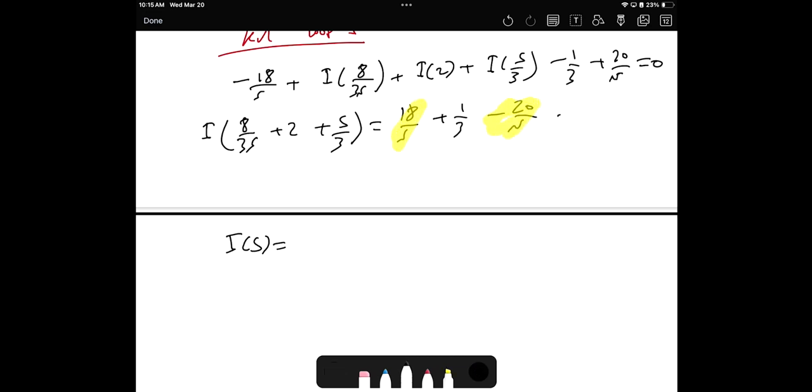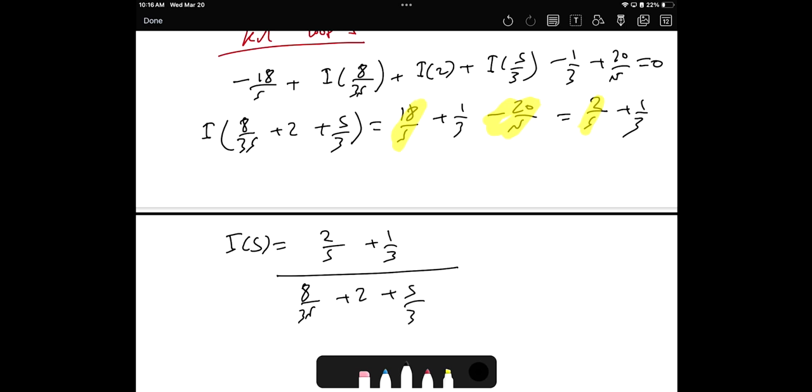This will make it 2 over s plus 1/3, just for information. Then I of s will be 2 over s plus 1/3 divided by the big term, which is 8 over 3s plus 2 plus s over 3.